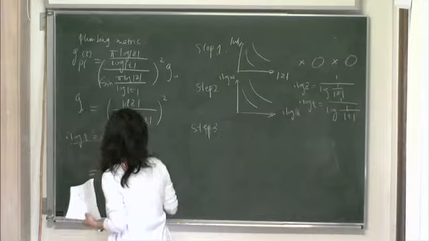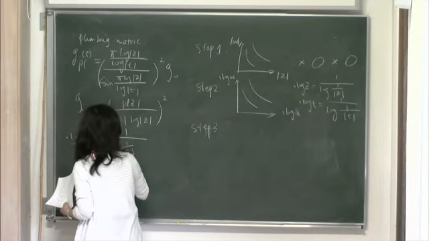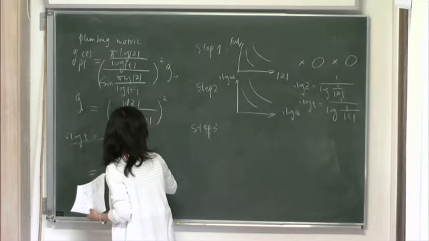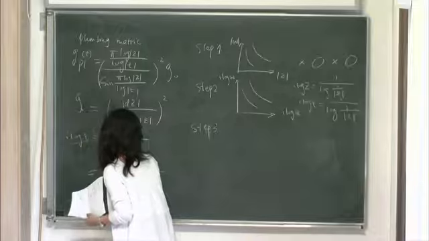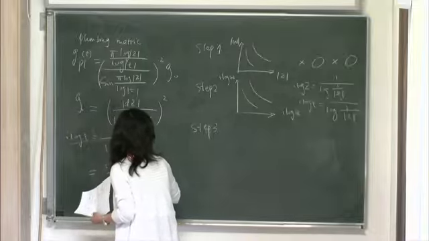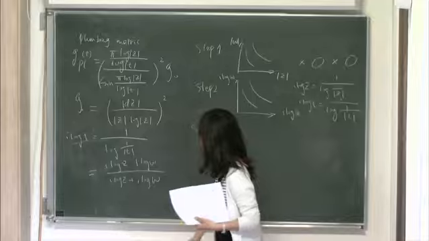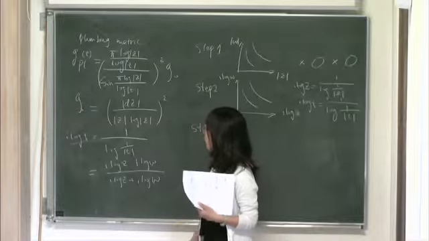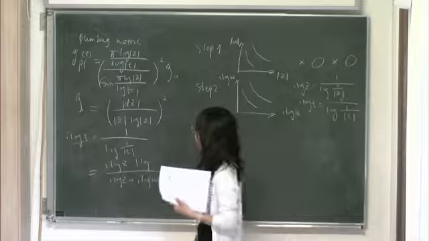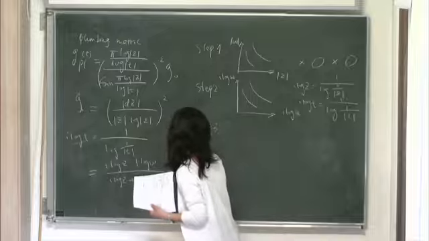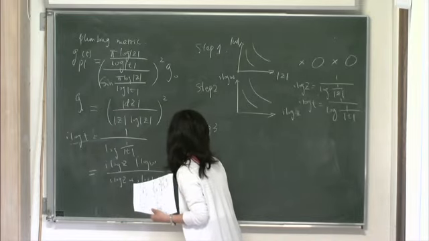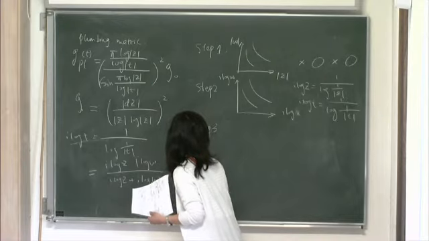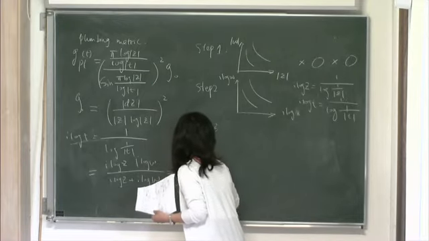This is the following expression: I log z times I log w over I log z plus I log w. And if we divide it by I log w, this becomes I log z over I log z over I log w plus 1.